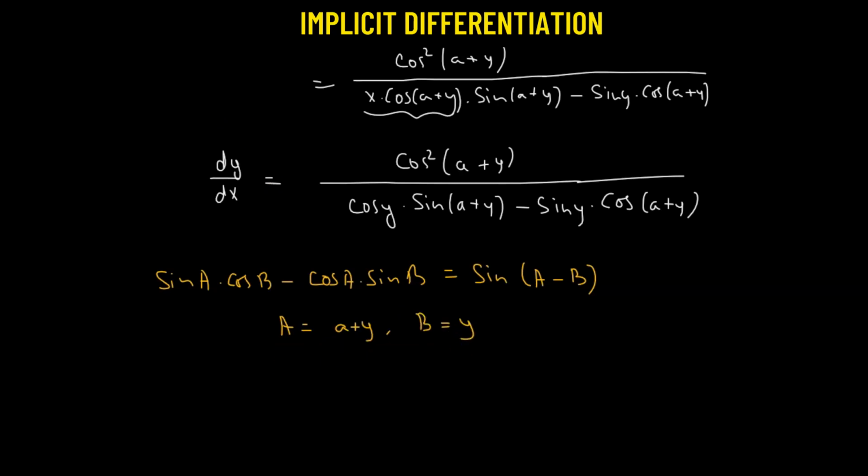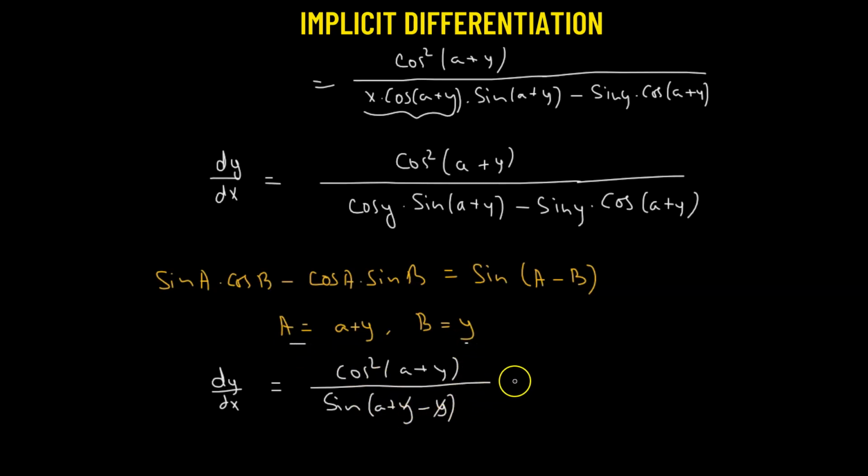So that means our denominator will be sine of A, which is a plus y, minus B, which is simply y. So this positive y and negative y goes away, and that gives us cosine squared (a plus y) divided by sine a.